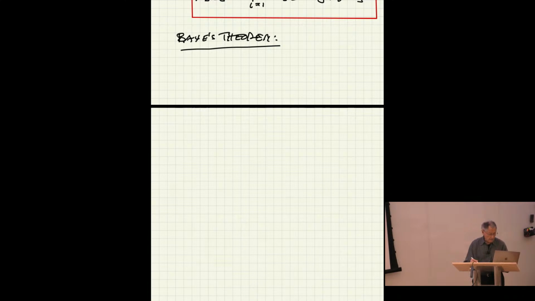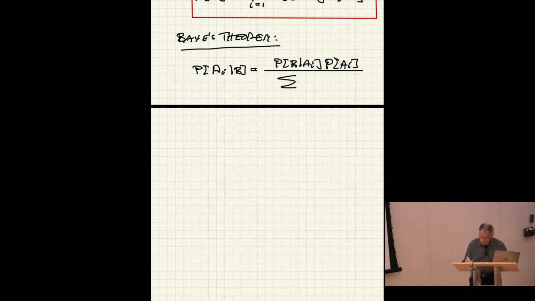And Bayes' theorem says the following. The probability of A_i given B, we'll stop in just a moment. Probability of A_i given B is equal to the following ratio: probability of B given A_i times the probability of A_i, over the sum over all such terms, j equals 1 to n, of probability of B given A_j times probability of A_j.